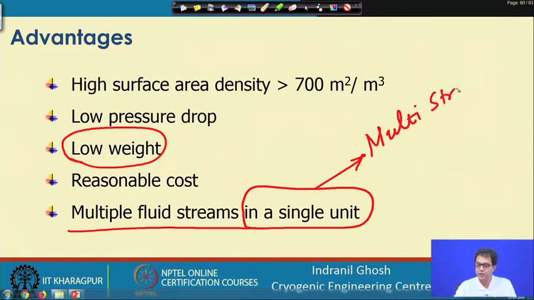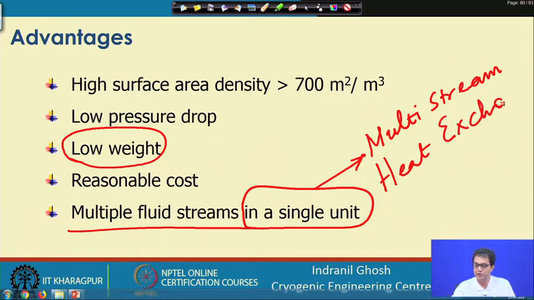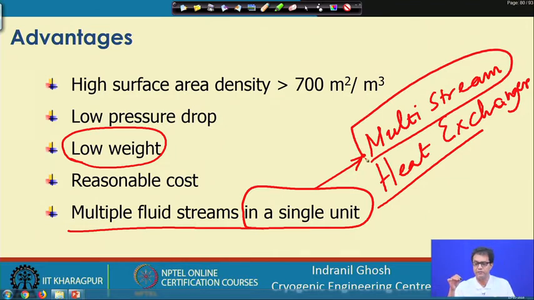It handles multiple streams. Accommodating multiple streams within a single unit is obviously advantageous.